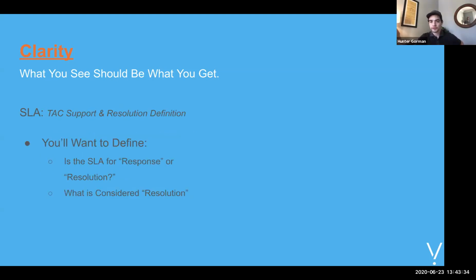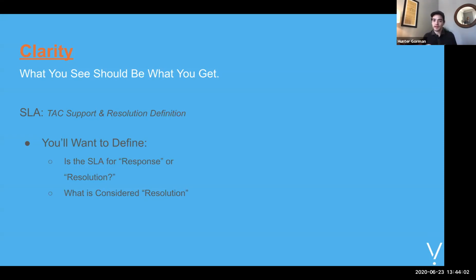The last point to this clarity part is a word that I've used a lot here today, but SLA, right? The service level agreement, the actual nitty gritty of what you're getting in terms of coverage. And again, we believe that what you see is what you should get. And so whenever you're shopping around for SLAs, be it from OneCall, directly from an OEM, or from another maintainer, doesn't matter, at the very beginning it's really, really important to define what that SLA is.